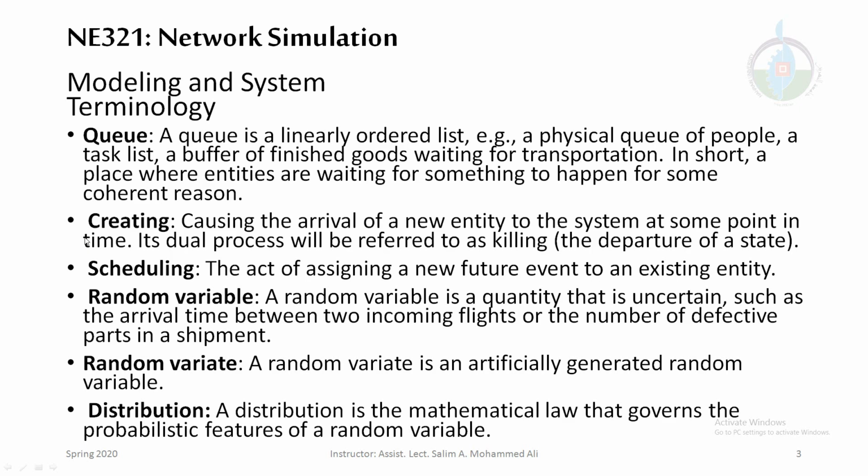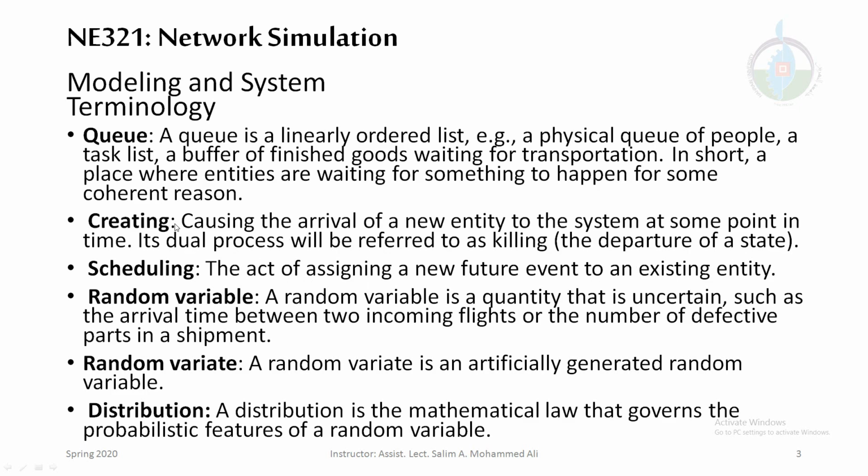The fifth term is creating. Creating is causing the arrival of a new entity to the system at some point in time. Its dual process will be referred to as killing, the departure of an entity.